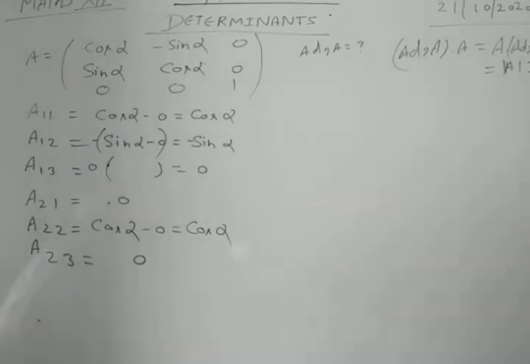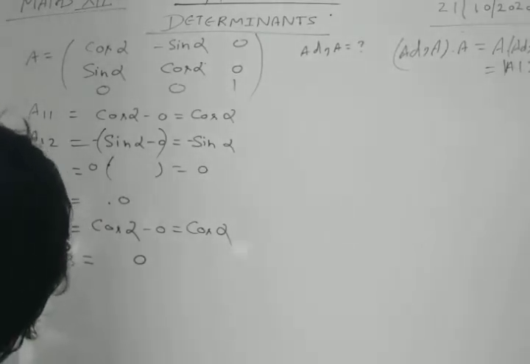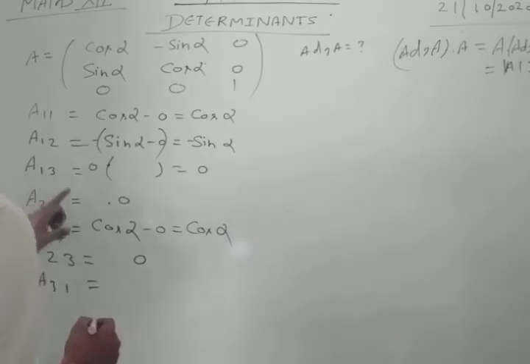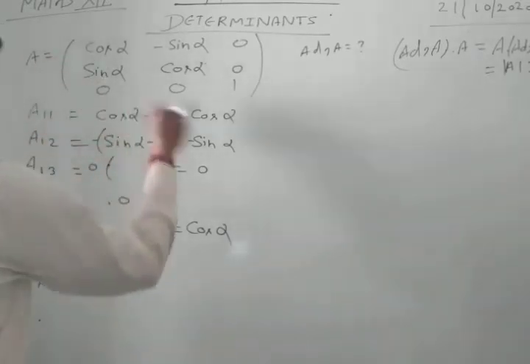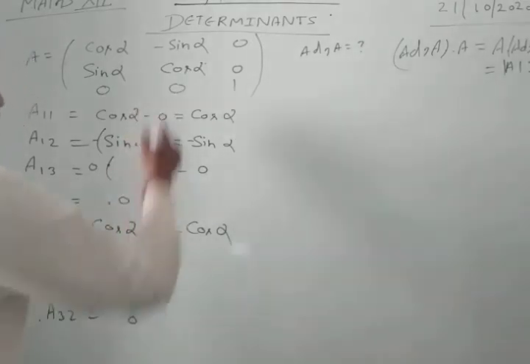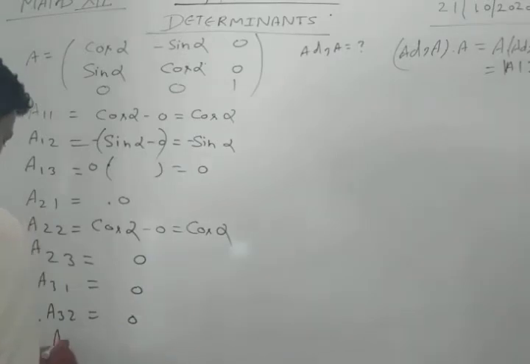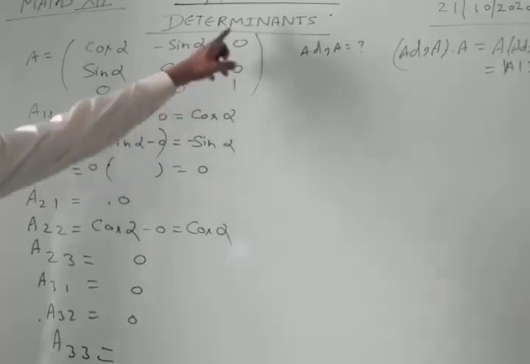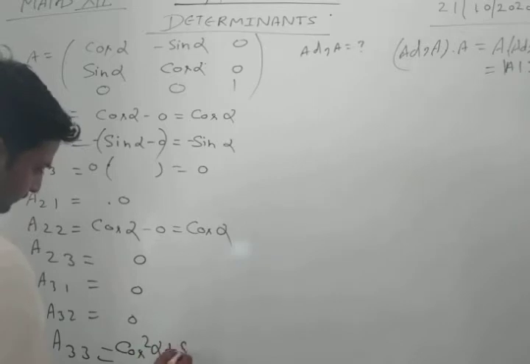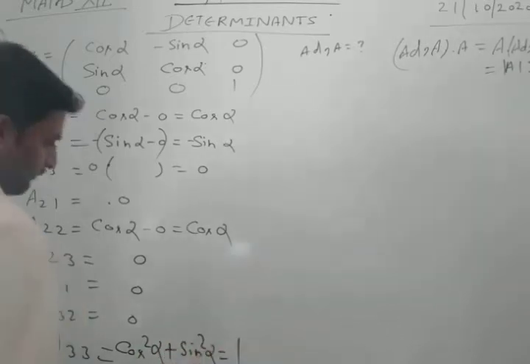Now A31 is, this is 0, so this is 0. A32, this is 0, so the whole quantity is 0. A33 is what? This is cos square alpha plus sin square alpha, which is equal to 1.